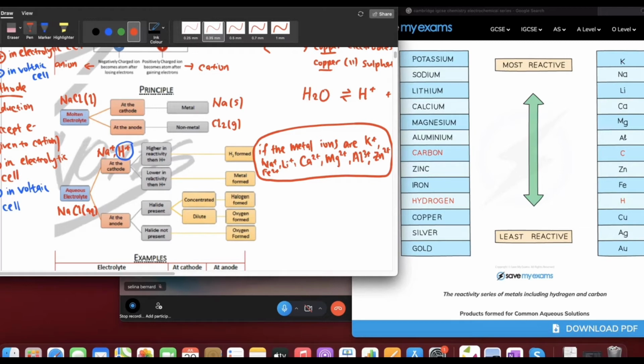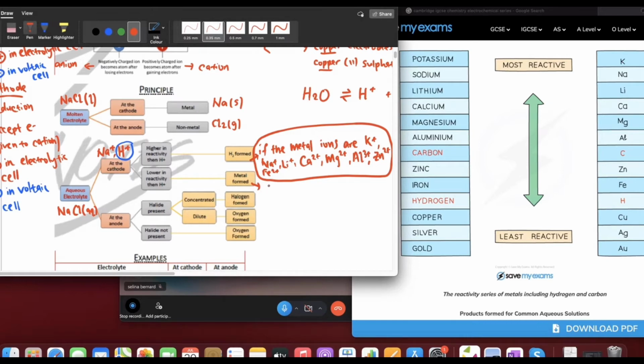Okay. So in what situation do metals form? I point an arrow here. Metals form if the ions are these three.